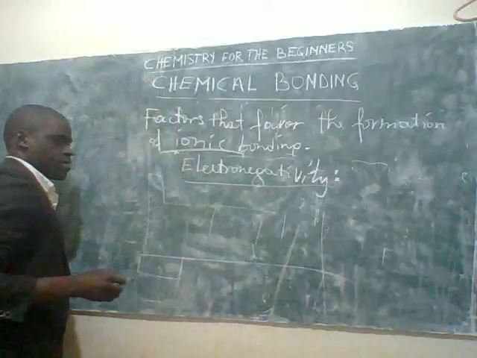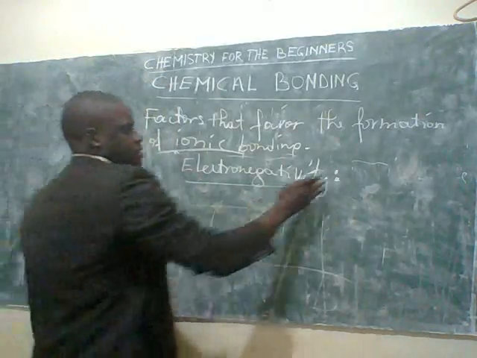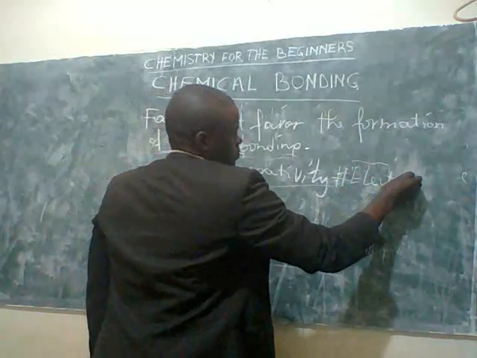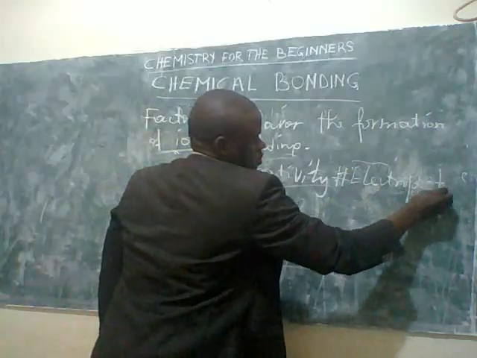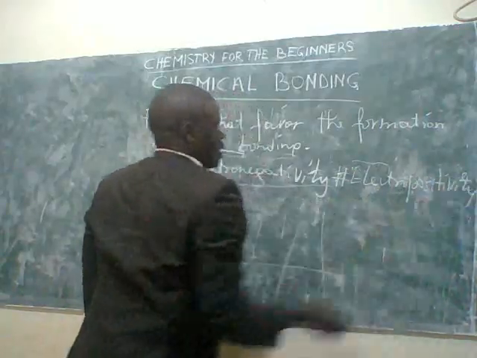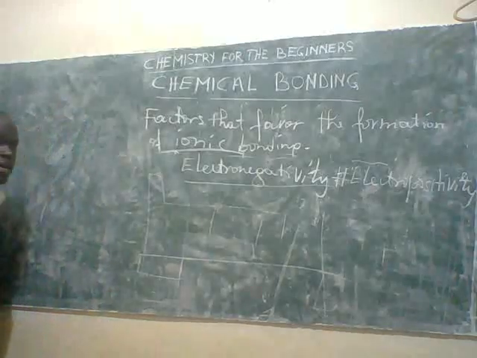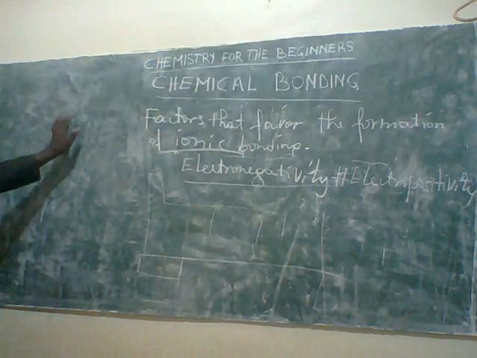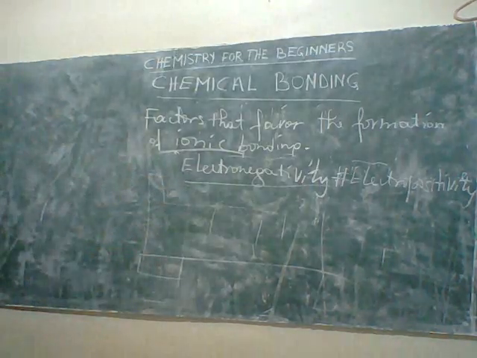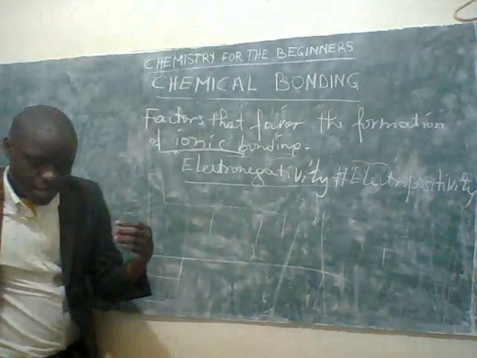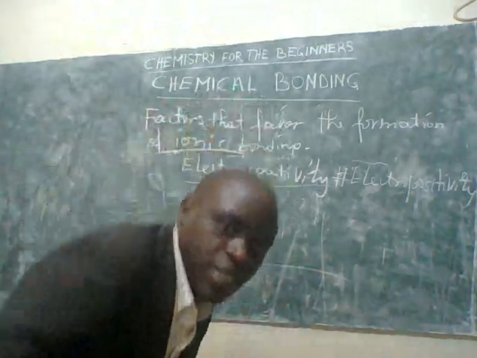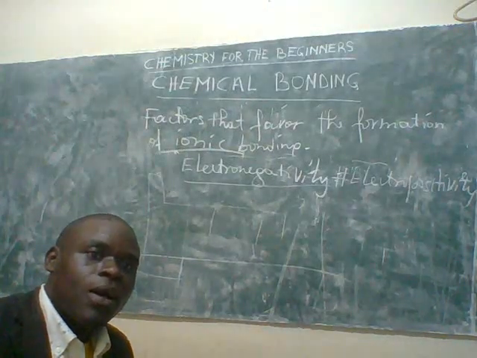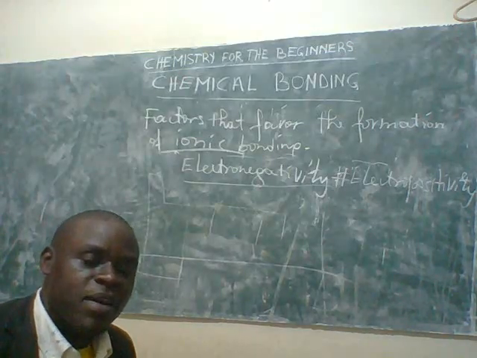Electronegativity. It is the opposite of electropositivity. Electropositivity, I think those are the words we can also explain here. Electronegativity explains how much a metal tends to be a non-metal.